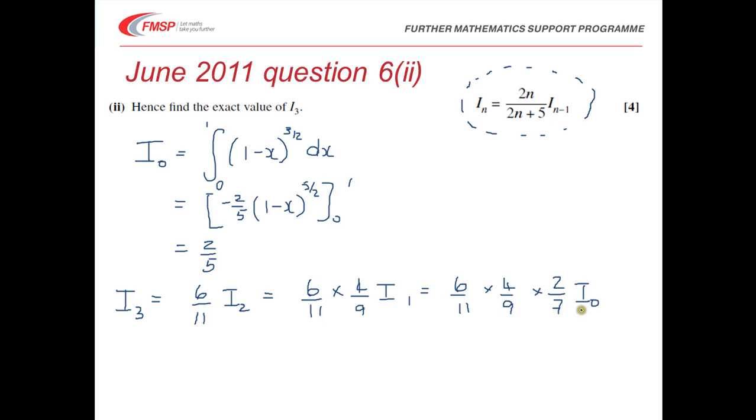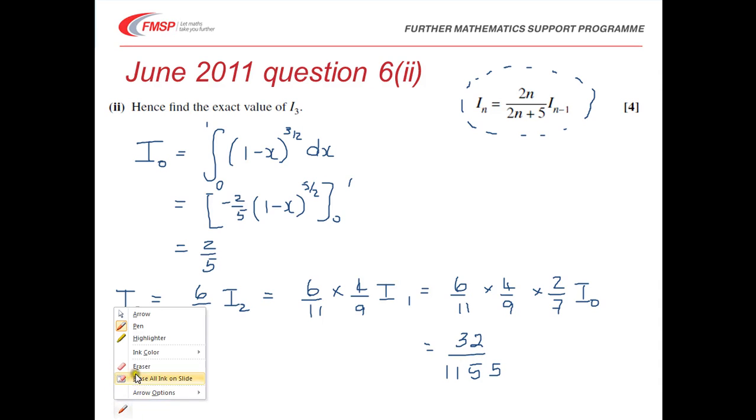And of course we know that I0 is equal to 2/5, so we evaluate that and we get our answer to be 32 over 1155. We were asked for the exact value, so the answer should be in fractions.